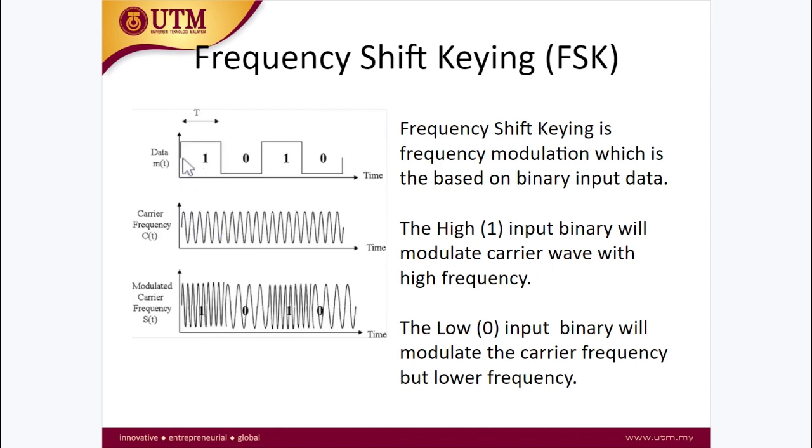When the input data in binary form is 1 or high, we will notice that the modulated carrier frequency will be extremely high, or let's say, fast. It's having a high frequency. And when the binary data is 0 or low, the frequency will become slower, or let's say it's having a low frequency.